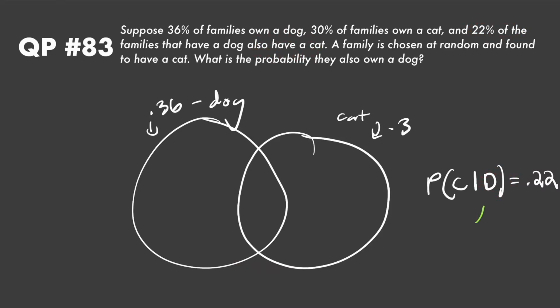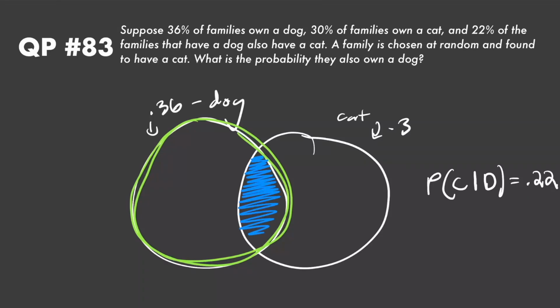So if I know for a fact that D happened, that means I restrict my outcome space to only the events where D happens. And now we look at it from a new point of view. Now that I know that I'm in this green circle, the odds that I have a cat are 22%. So I take the cat area of this green circle, which is all of this right here. Let's call this region X. Then the probability that I have a cat, given that I'm within this region, is just X over 0.36, the area of the green circle.